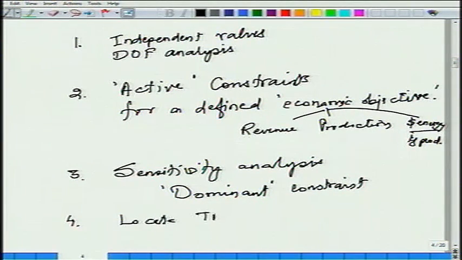Locate TPM at the dominant constraint. DC is dominant constraint.